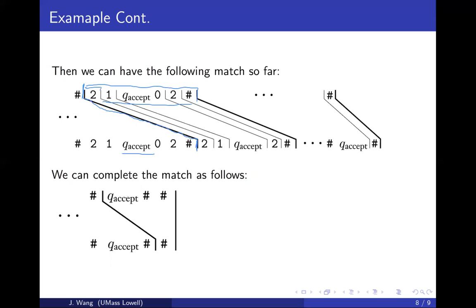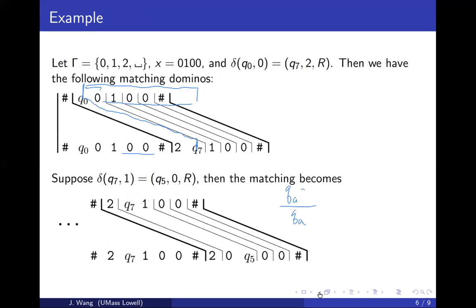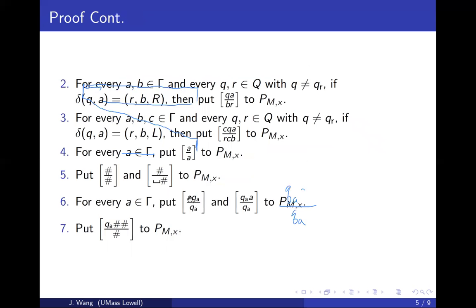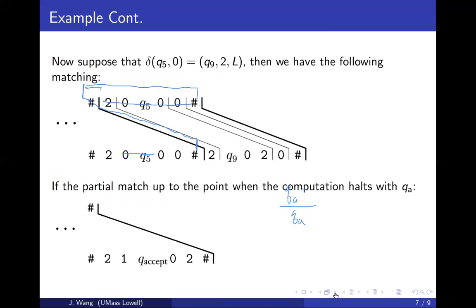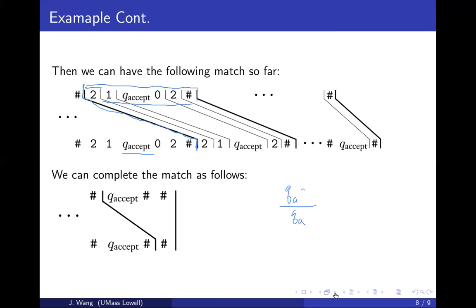Remember, I have this QA. For any symbol, you can put it on the left. Do I use A here? So this is QA. So now let's move back to see our, yeah, A either on the left or on the right. So now we use it on the right.